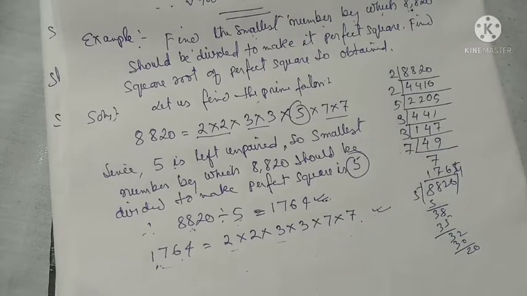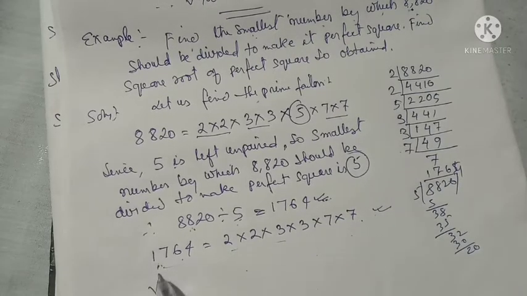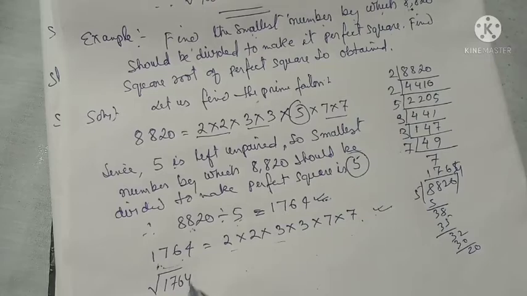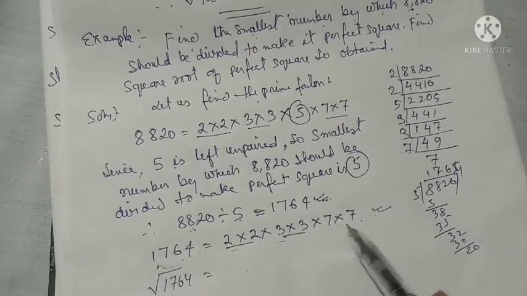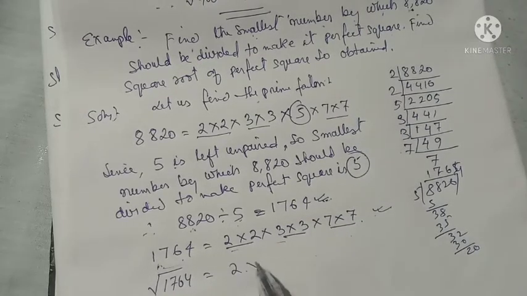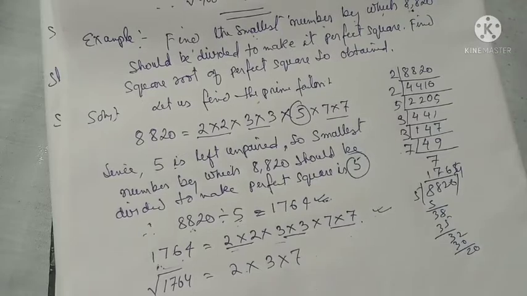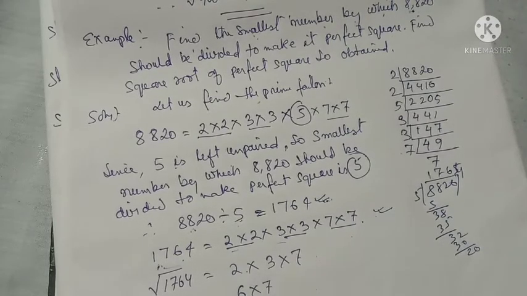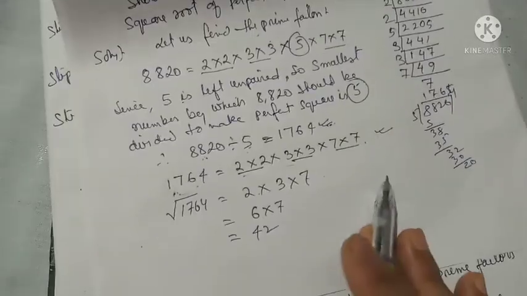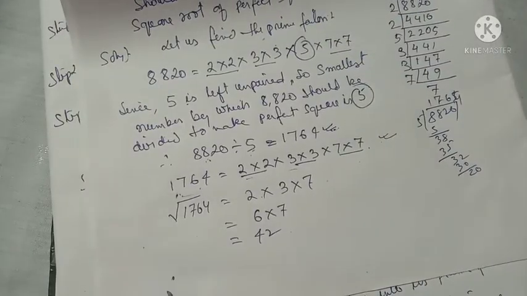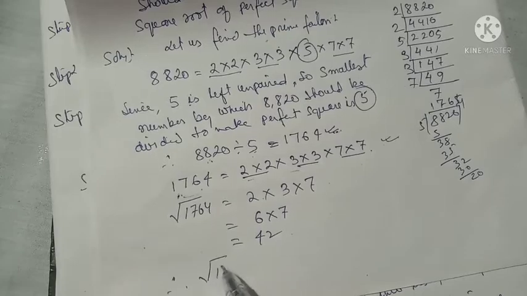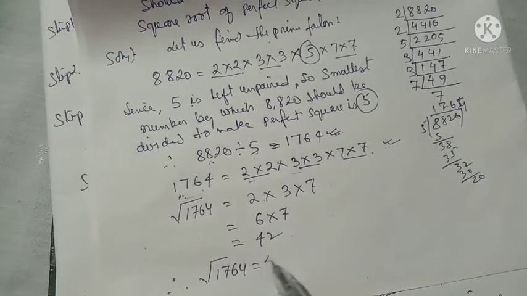Now what are you going to do? Square root of 1764. What will you take? You will take only one from each pair, that is 2, 3, and 7. How much comes? 6 into 7, that is 42. Therefore the square root of 1764 is equal to 42.